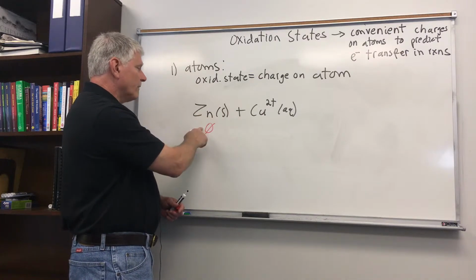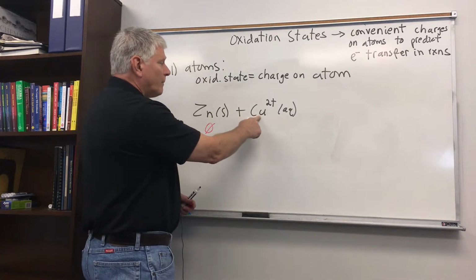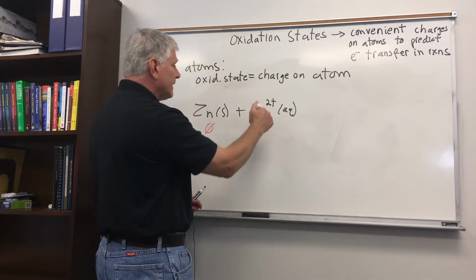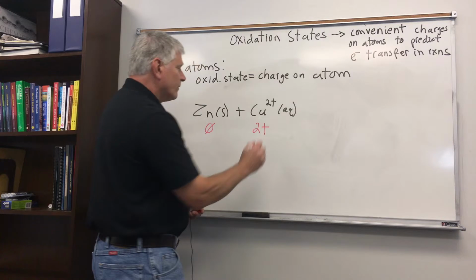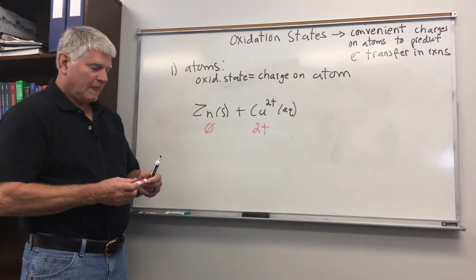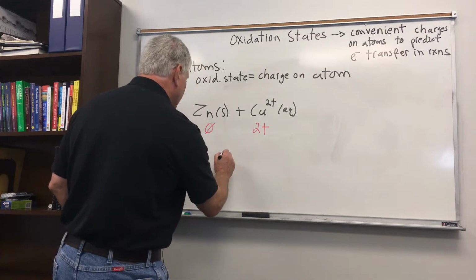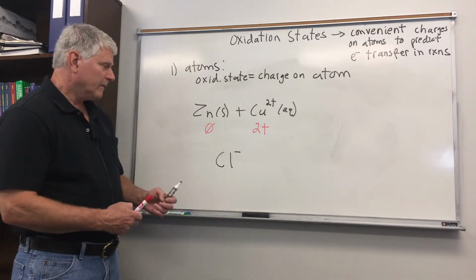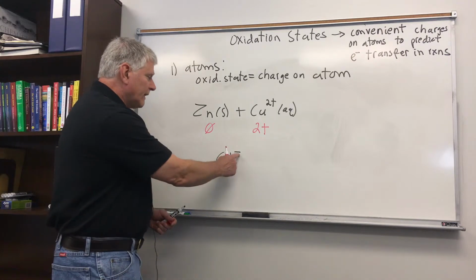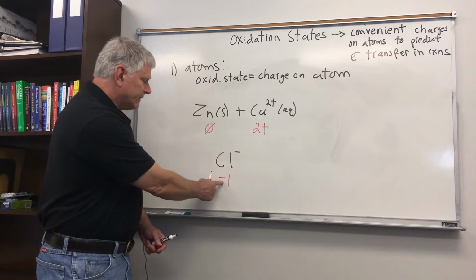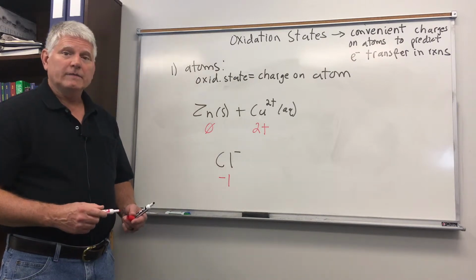The charge is 0. Now for copper 2+, it's an atom, and so its oxidation state would be equal to its charge, so its oxidation state would be 2+. If we had, say, the chloride minus ion, it's an atom, and so its oxidation state would be its charge, and its charge is -1, so its oxidation state is -1.